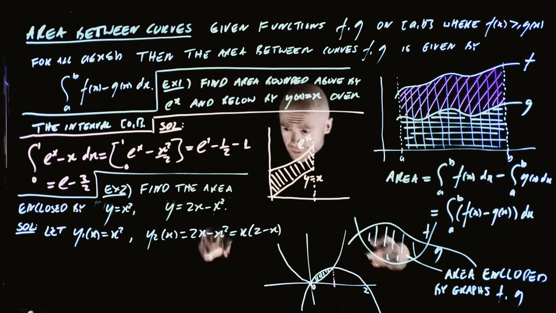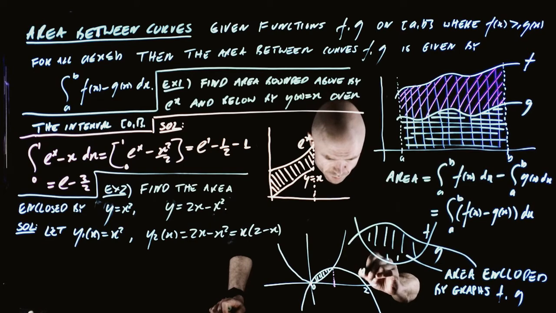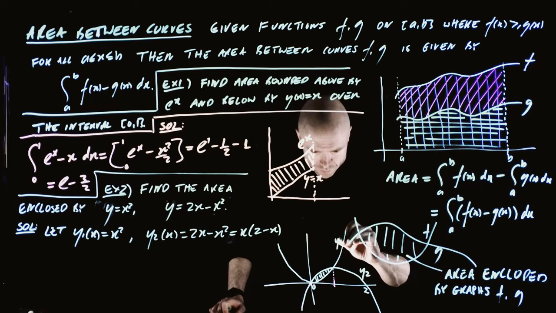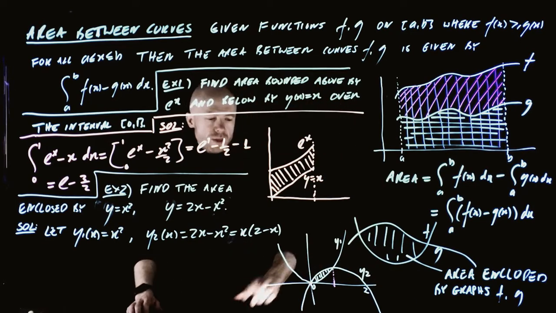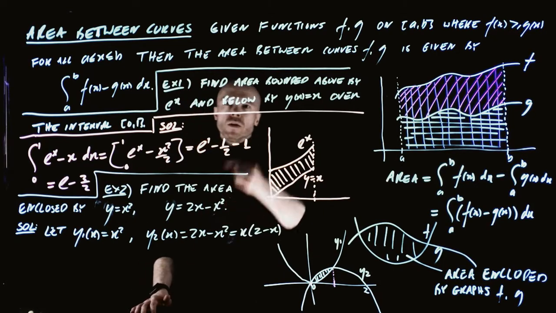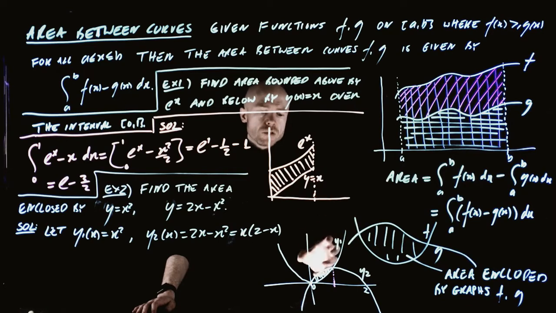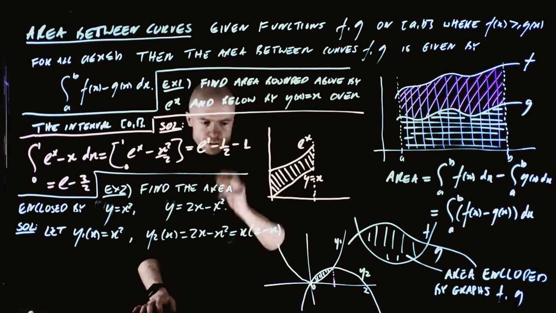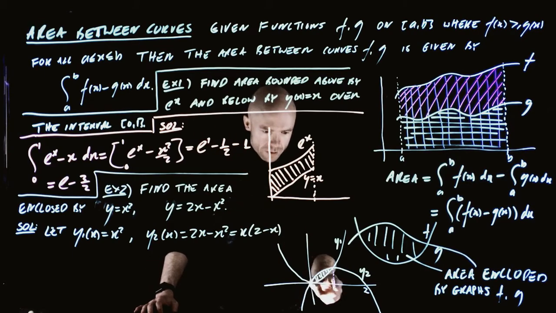Let's give them labels. So this one is y2, and this one is y1. We need to find the interval where y2 is above y1, and then we'll just be integrating y2 minus y1. And that then will give us exactly this area, which we're trying to find. Yeah? Cool. So how do we find this interval?